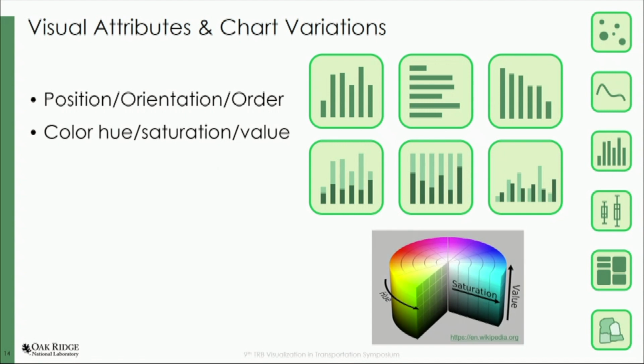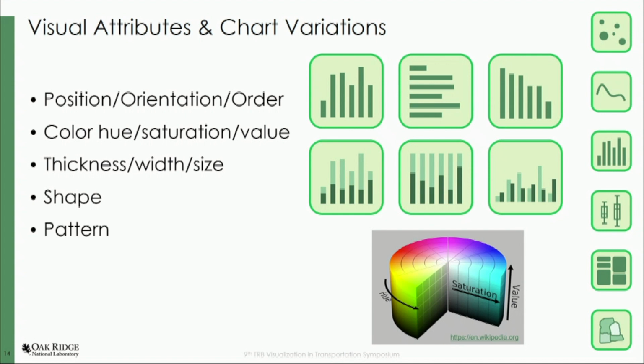And then you can do color. Color could be hue, saturation, or value. It could be the thickness of your line. It could be the width of your bar. It could be the size of your points. It could be the shape of your points, be it square, triangle, or circles. It could be the pattern of your lines: is it dotted or solid?